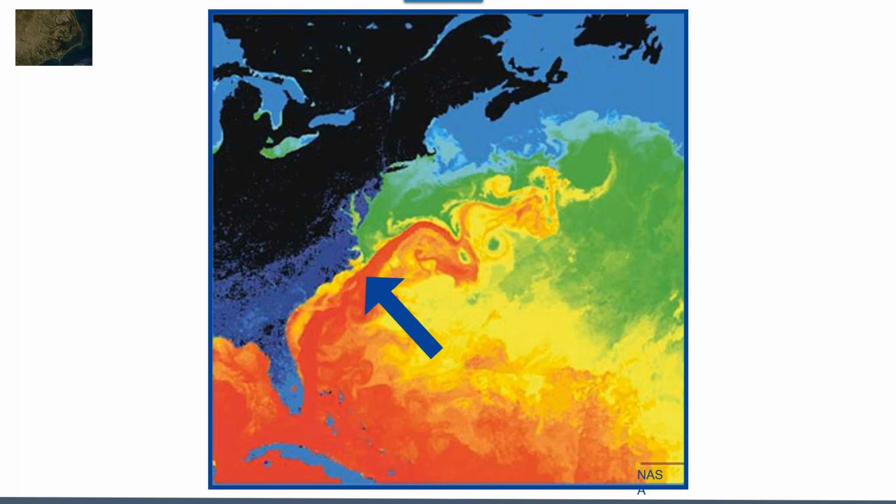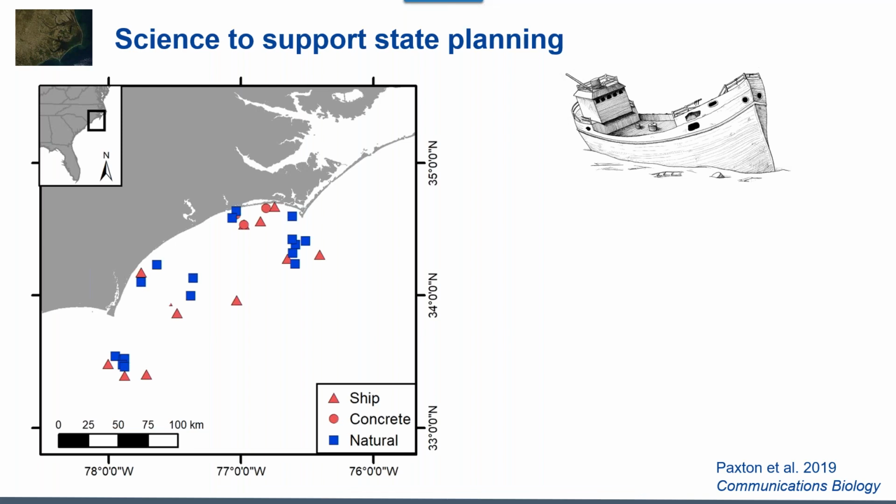And this sets up an area where we can have temperate, subtropical and tropical species coexisting, and gives us a perfect experimental setting through observation of artificial and natural reefs to test how there may or may not be differences in how these fish species with different climate ranges are using these areas. And so we selected 30 reefs off the coast of North Carolina from Cape Lookout to due south of Cape Fear.